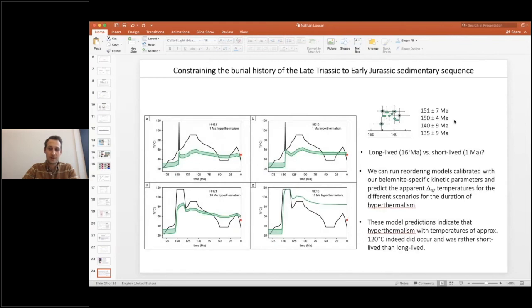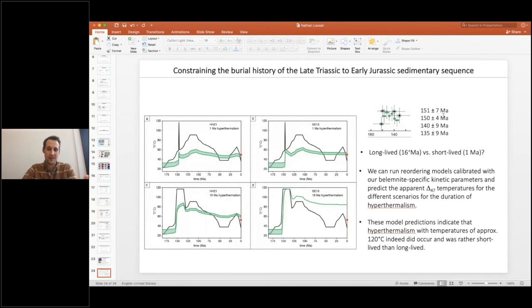Okay, so here again, that's the different dolomite phases that we dated during this hyperthermal phase. We have 4 ages between 151 million years and 135 million years. And now we have two options to interpret these ages. Maybe it's just analytical error.